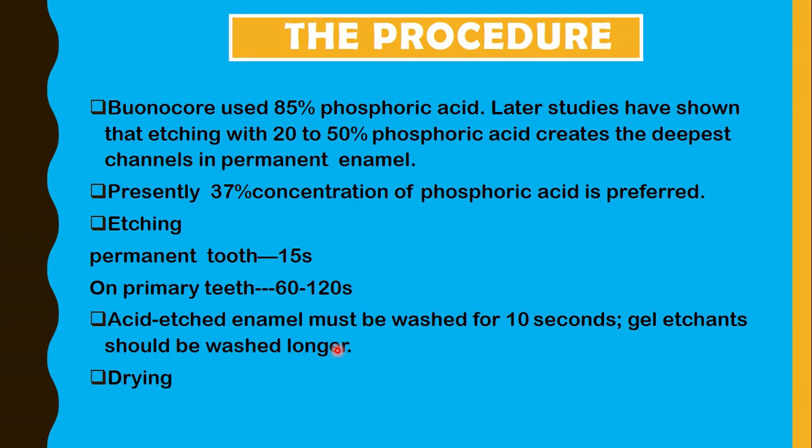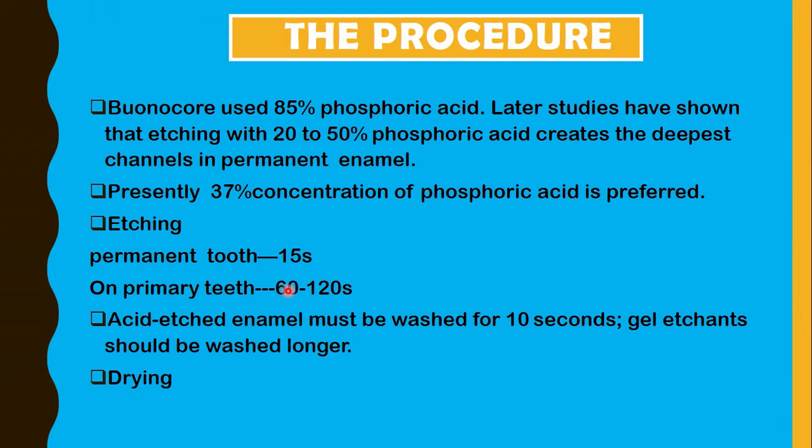So, the procedure: Buonocore used 85% phosphoric acid, and later on it was shown that 20 to 50% phosphoric acid creates the deepest channel in the permanent enamel, and presently 37% concentration of phosphoric acid is preferred. The etching time in permanent tooth is 15 seconds, whereas in primary teeth it's 60 to 120 seconds.